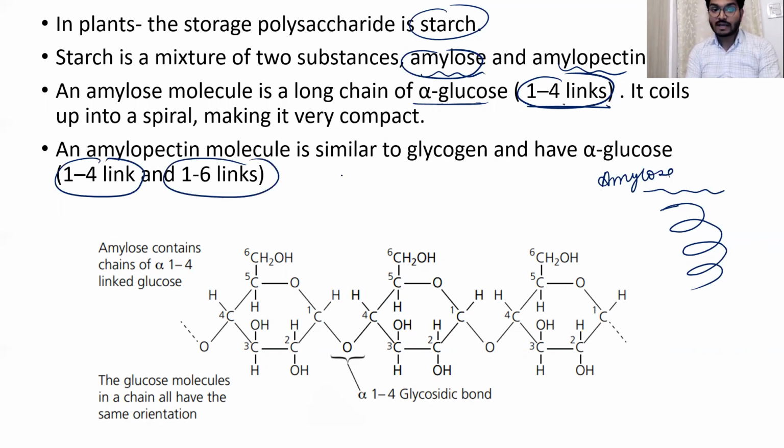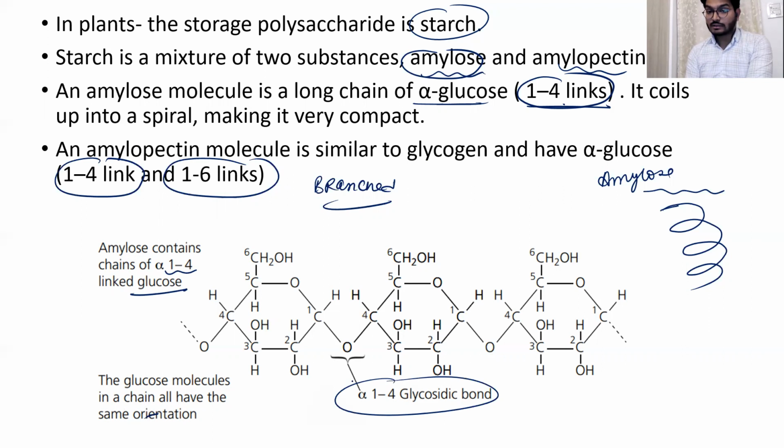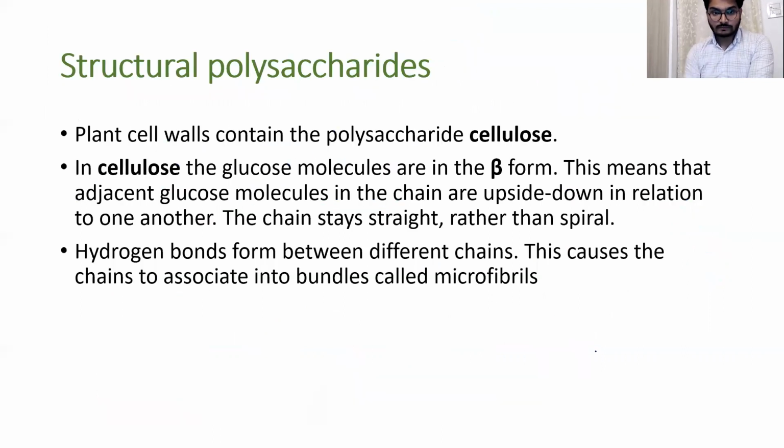This simply means amylopectin is a branched structure, right? So amylopectin is a branched one, and amylose is simply a linear one. But we have the additional hydrogen bond, and that is making it a spiral structure, right? Okay, so as you can see, amylose contains alpha 1,4 linked glucose, and the glucose molecules in the whole chain have the same orientation. So alpha 1,4 glycosidic bond in the amylose.